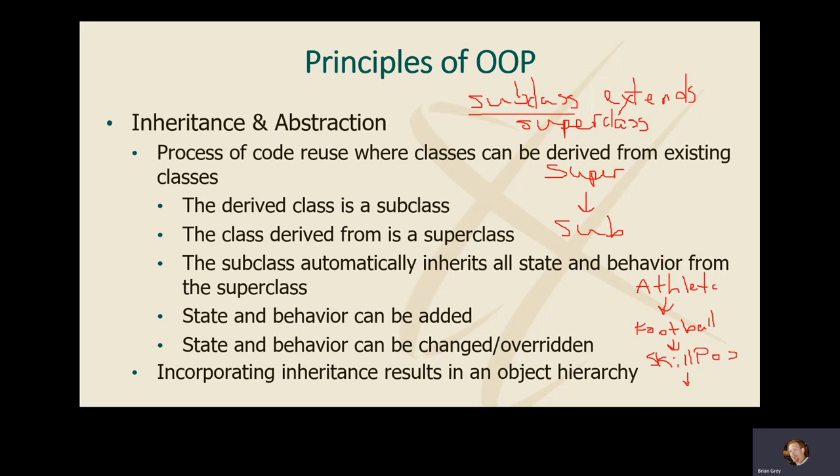Versus the concept of a wide receiver. Right? A football player is an athlete. A wide receiver is a football player. A skill position is an athlete. But each of these levels, you get more specific. A football player extends athlete. Skill position extends football player. Behavior becomes more specific. Okay.